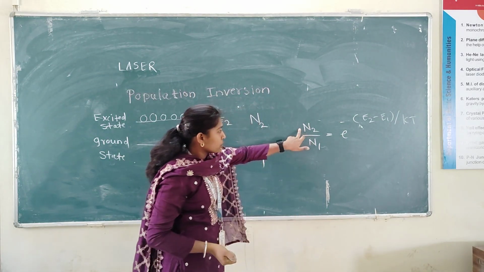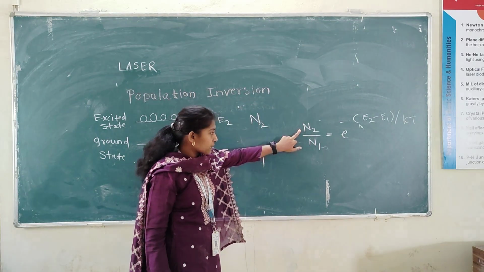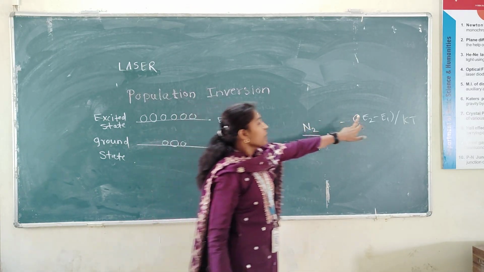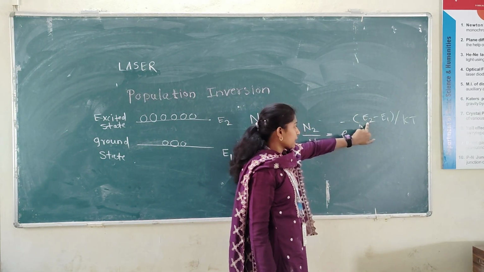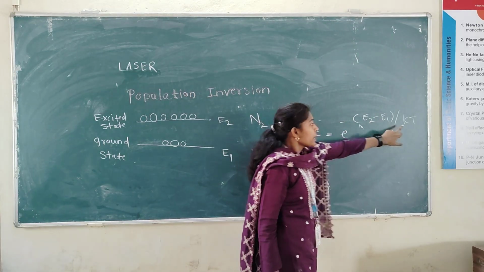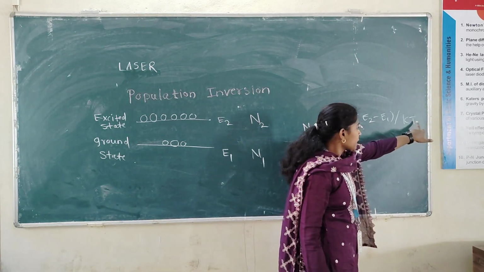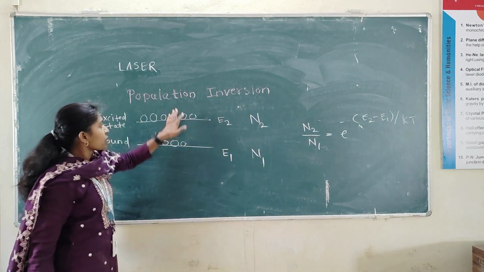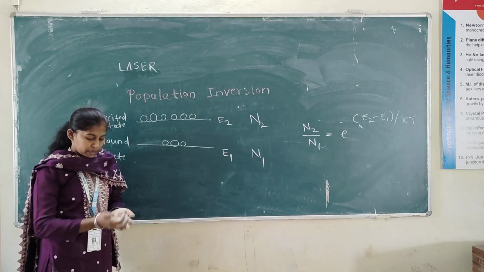Here N2 is the number of atoms in the excited state, N1 the number of atoms in the ground state, E2 is the energy of the excited state, E1 is the energy of the ground state, K is the Boltzmann constant and T is temperature. This is the mathematical expression.